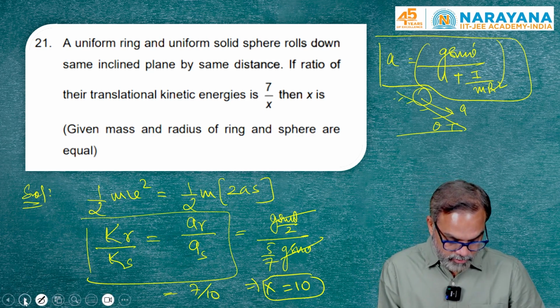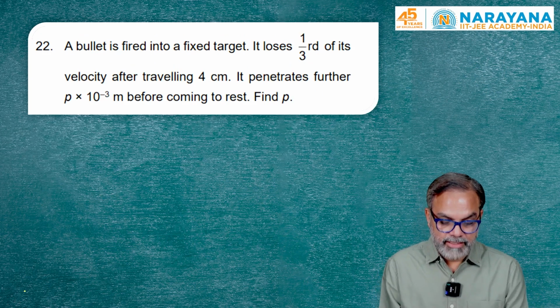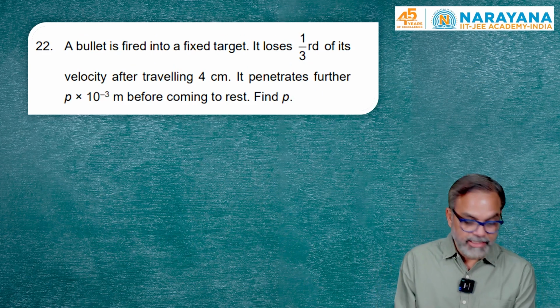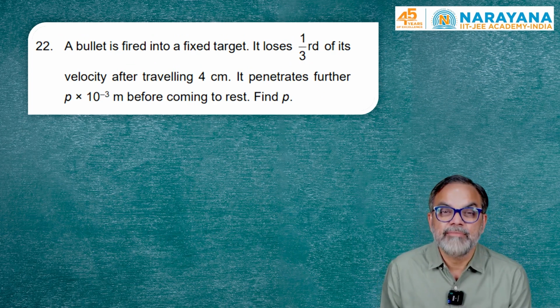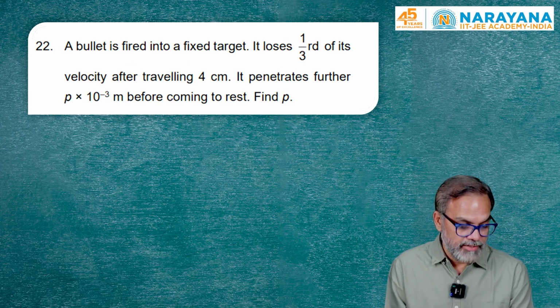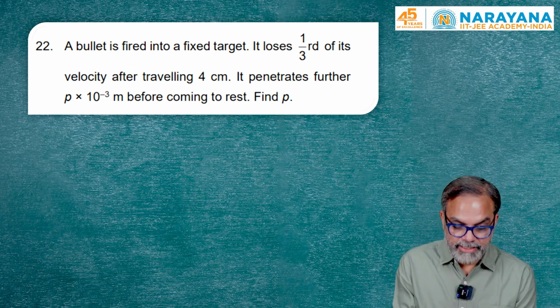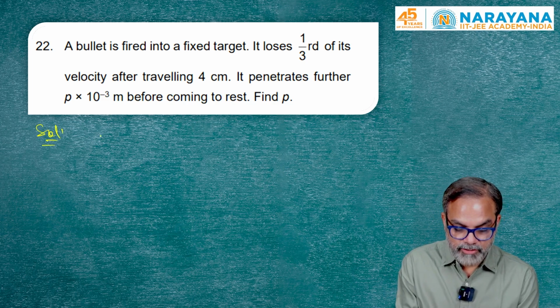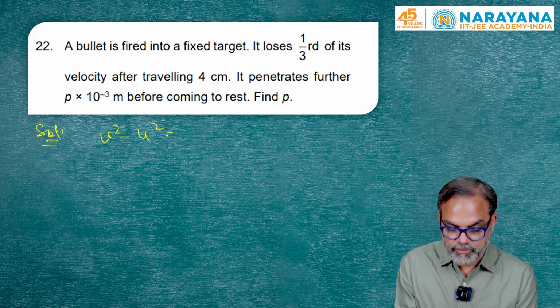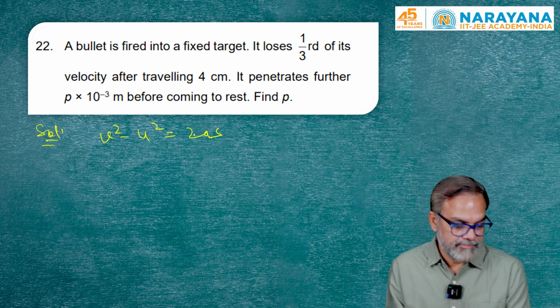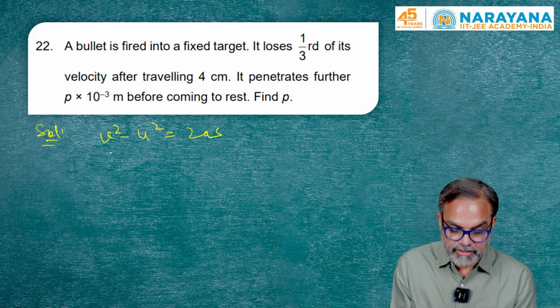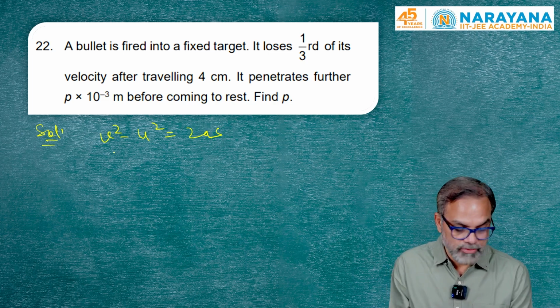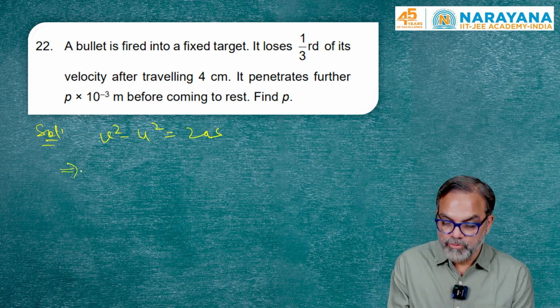Moving further, students, so we have a question. A bullet is fired into a fixed target. It loses 1/3 of its velocity after traveling 4 centimeter. It penetrates further this much distance before coming to rest. Find P. So again, here this requires use of v square minus u square equals 2as. So we can assume, say, v naught is the initial velocity. It's given that it is losing 1/3.